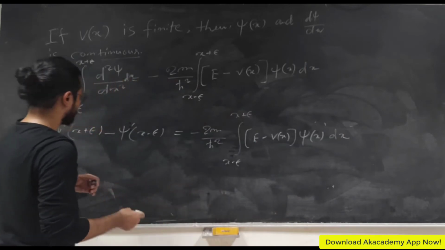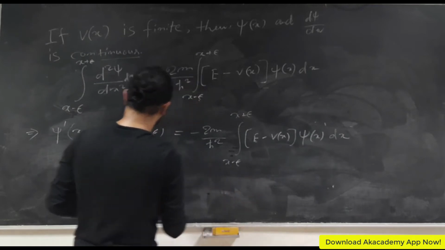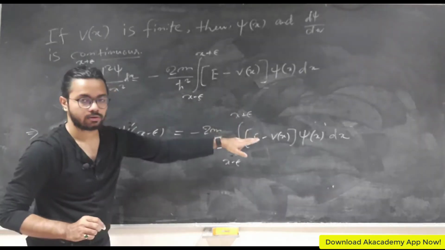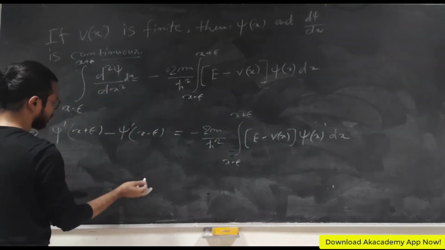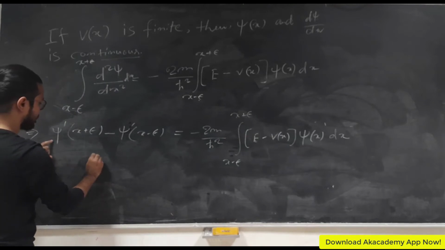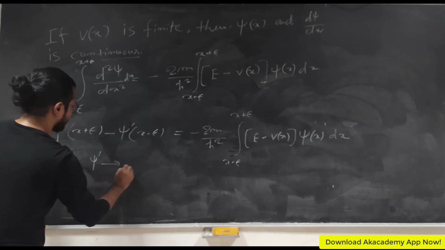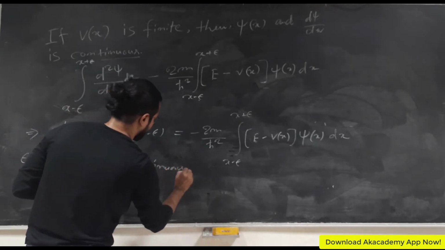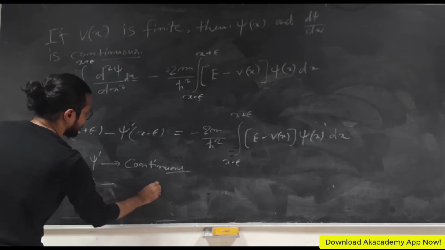Now if we take the limit epsilon tends to 0, the right hand side will be 0. So since the right hand side is 0, psi prime is continuous, and in turn psi is also continuous.